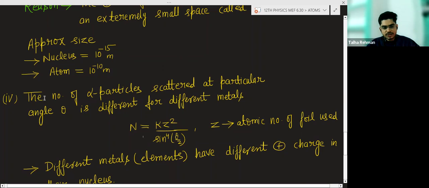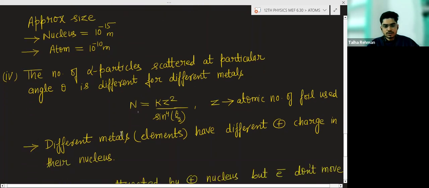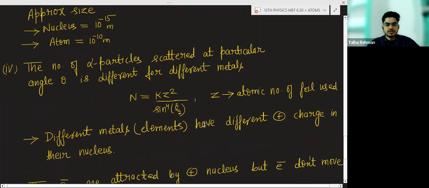For different values of Z there will be different values of N. So you can say different metals have different positive charge in their nucleus.